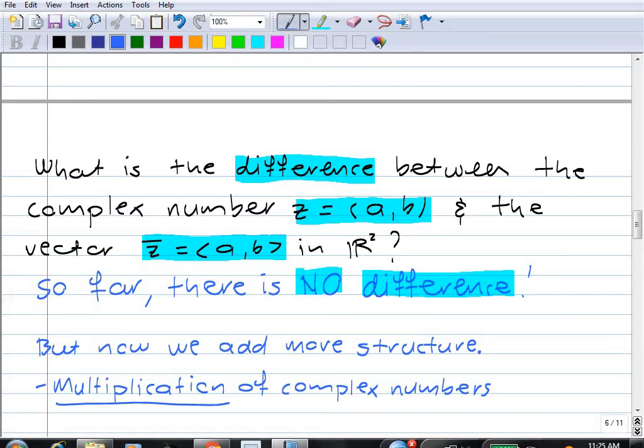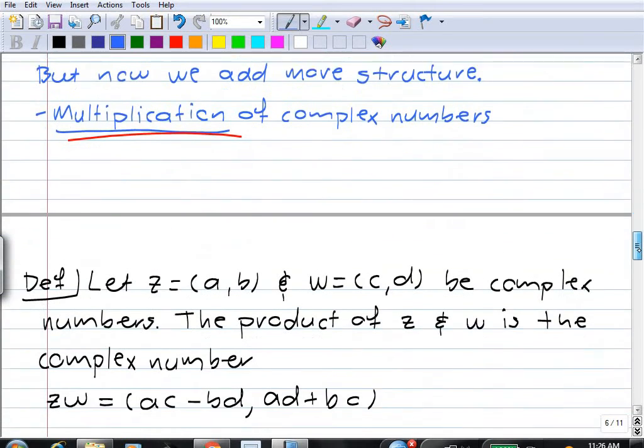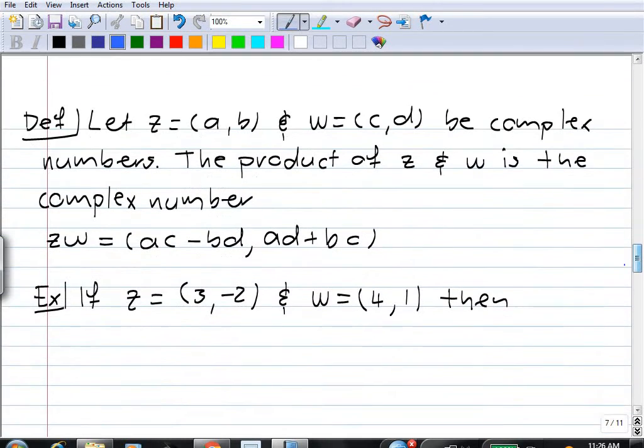Up to now, you can view this ordered pair (a, b) either as a complex number or as a vector. But now we're going to do something new, something we haven't done for vectors. We're going to define multiplication for complex numbers. And how do we do that? Well, it's slightly more strange than addition. We have our two complex numbers, z is (a, b) and w is (c, d).